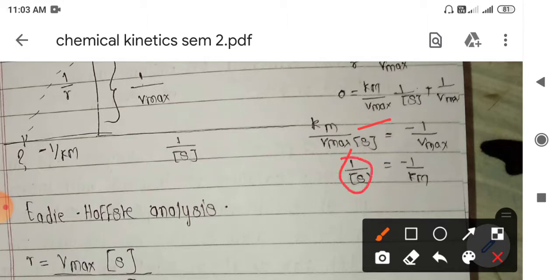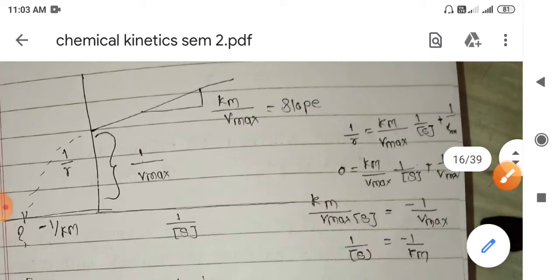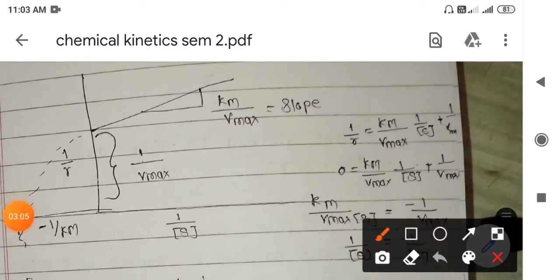So 1 upon S equals minus 1 upon Km. So the y-intercept is 1 upon Vmax, and the x-intercept is minus 1 upon Km.